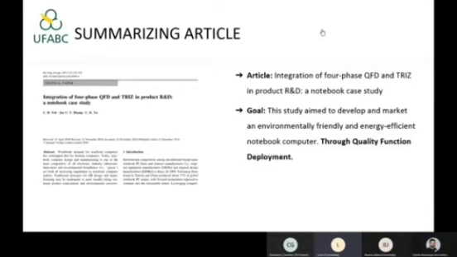So the second part of our activity this week was to read and understand the article Integration of Four-Phase QFD and TRIZ in Product Research and Development, focused on a case study about a notebook. The overall goal of the article was to use these tools to develop a notebook computer focusing on an environmentally friendly and energy-efficient product.